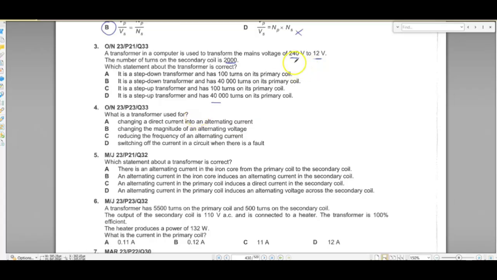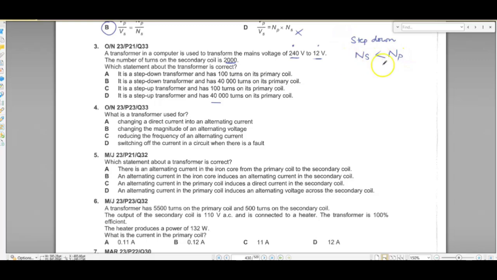Now, you see that the transformer is used to transform mains voltage of 240 volts to 12 volts. So this is the primary. This is actually a step down transformer, the voltage is being reduced. So in a step down transformer, we know that NS is less than the turns on the primary side.